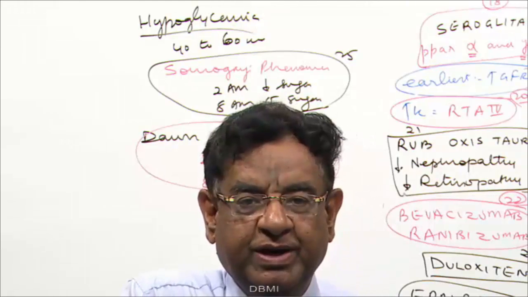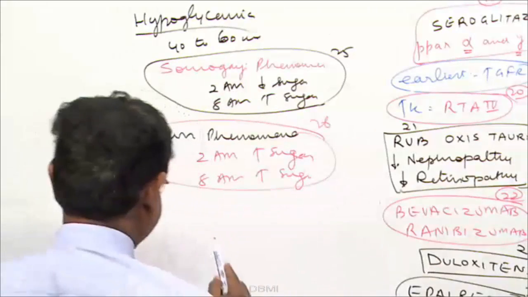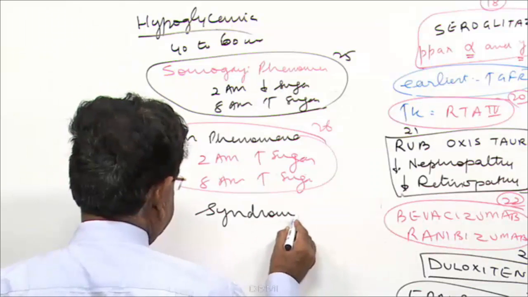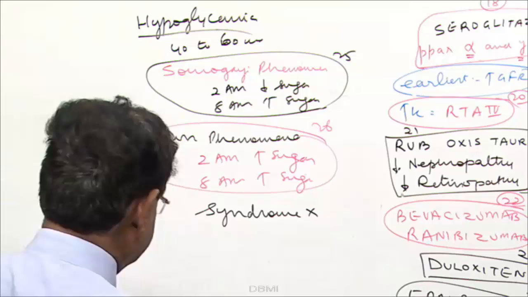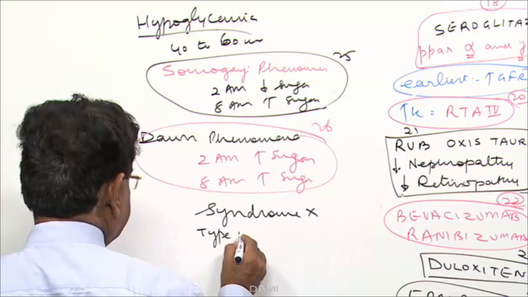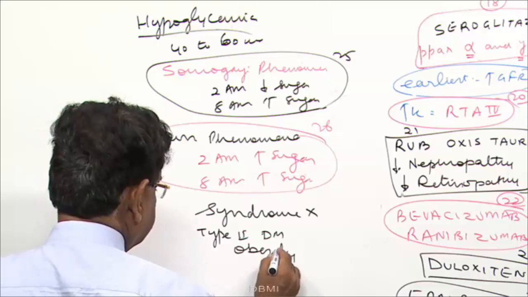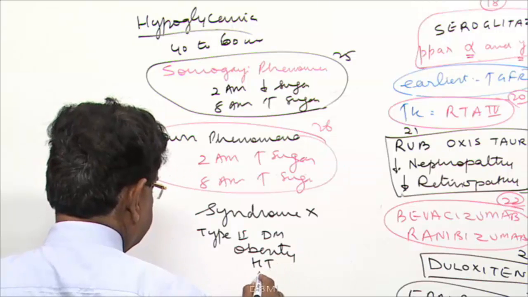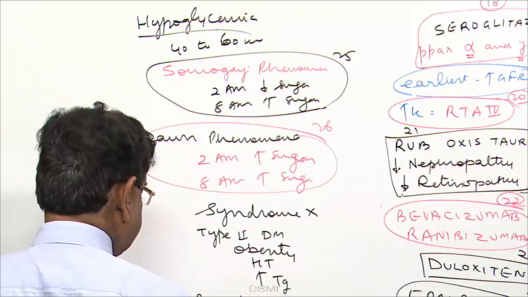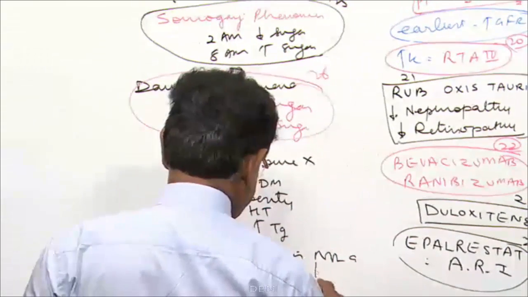Well, we have one entity called syndrome X. In this, the features include type 2 diabetes, obesity, hypertension, increased triglyceride, but increased LDL is not a feature.